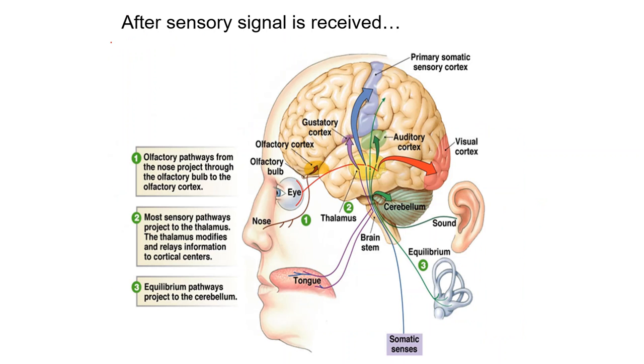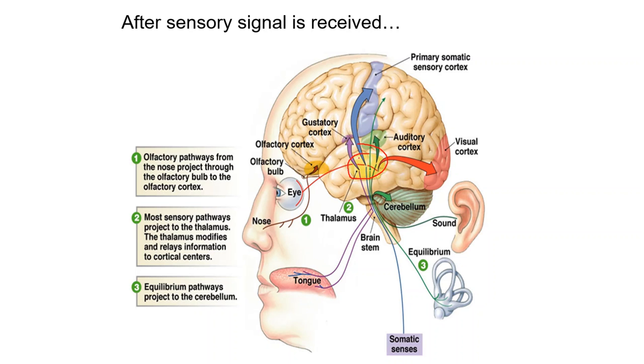Now, what happens after a sensory signal is received, generally speaking? As we already said, most of the pathways, they travel through the thalamus, okay?